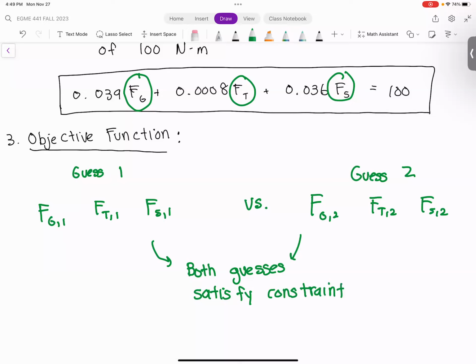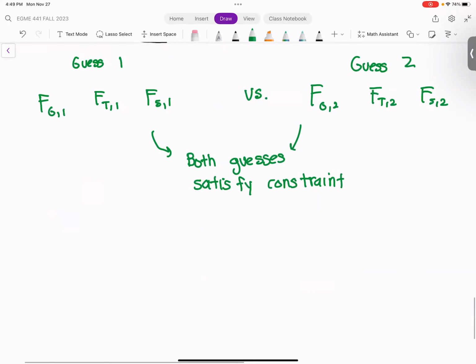And so if both guesses satisfy the constraint, then are we going to say that both guesses are valid, right? Or are both guesses good? And so we have to have a way to differentiate between which is better between guess one and guess two. Okay.